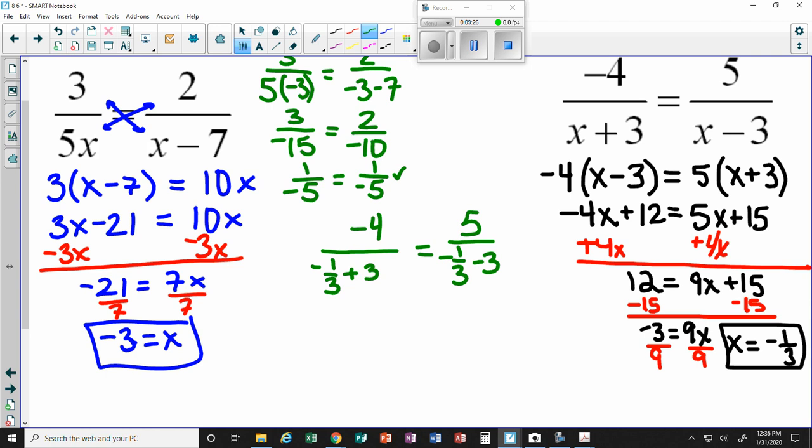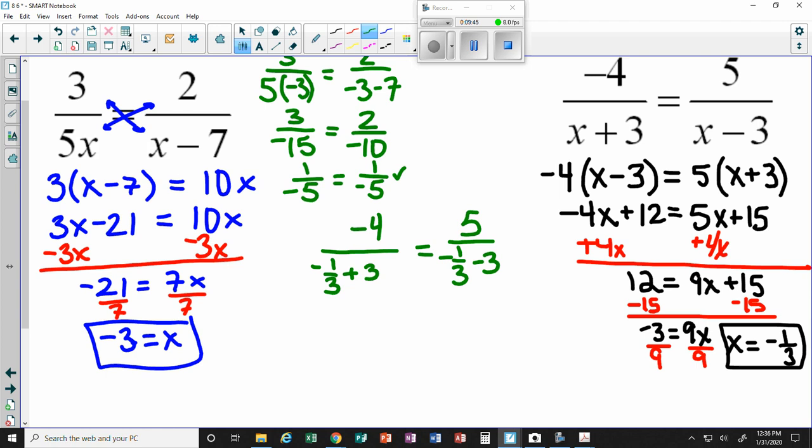To do that, I need to have them both in terms of the same fraction with the same denominator, right? So let's say I had 3 pies. And I divide all those 3 pies into thirds. How many pieces am I going to have? 9. So 3 pies divided into thirds is 9/3, right?